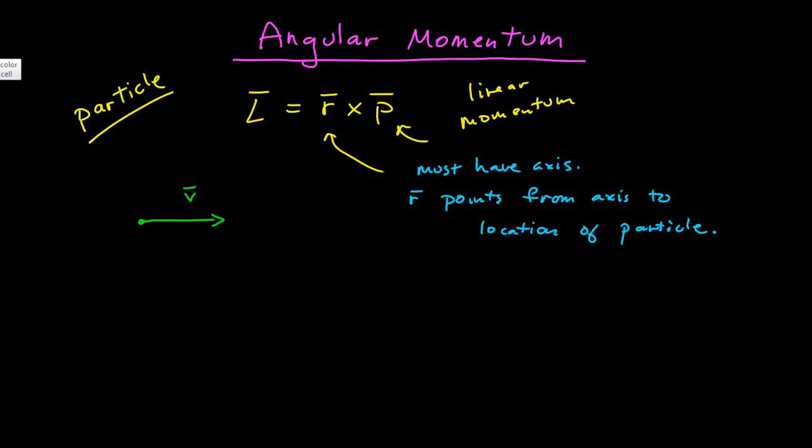If we define an axis, say here, we can evaluate an r vector that points from the axis of rotation to the place where the particle is. And then, let's give some values here. Let's give ourselves a coordinate system. Let's say that's plus x, plus y is up, and that puts plus z out of the screen.